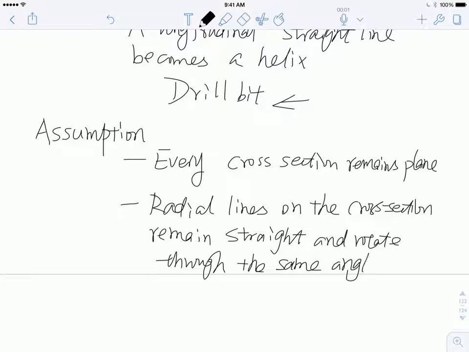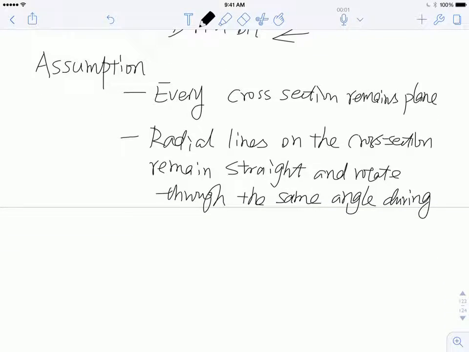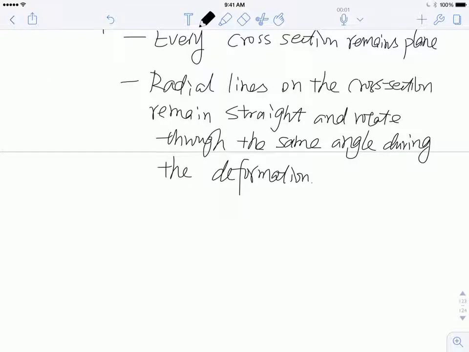It's hard to understand, but let me explain. Radial lines on the cross section remain straight and rotate through the same angle during the deformation.